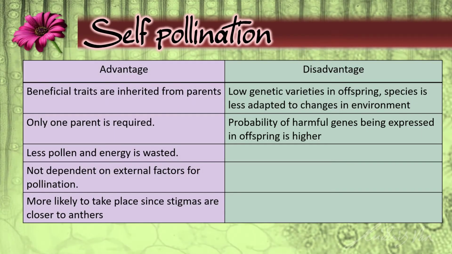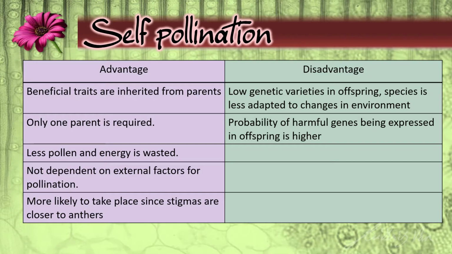Now, before we move to cross-pollination, it is worth noting that for cross-pollination, you will see more disadvantages. But just bear in mind that having more disadvantages doesn't mean it's not the preferred choice. Because when we talk about disadvantages, some can be major, some can be minor.